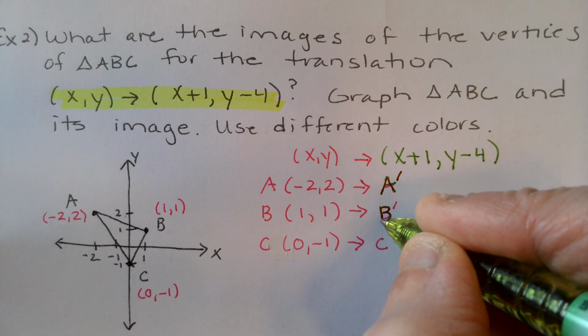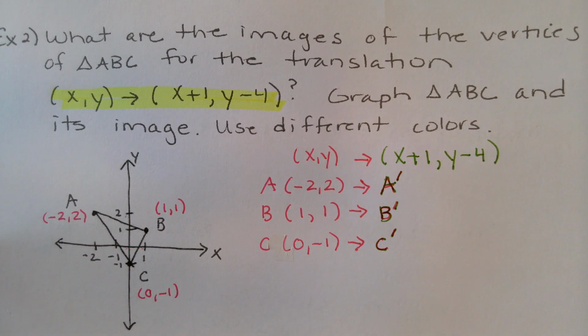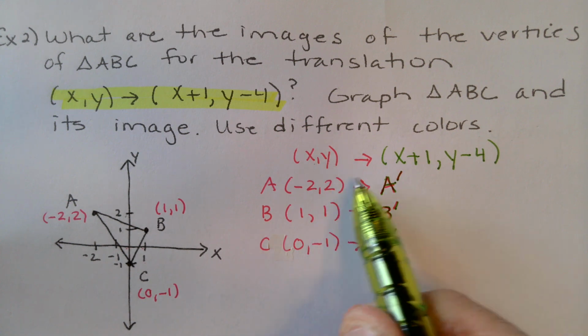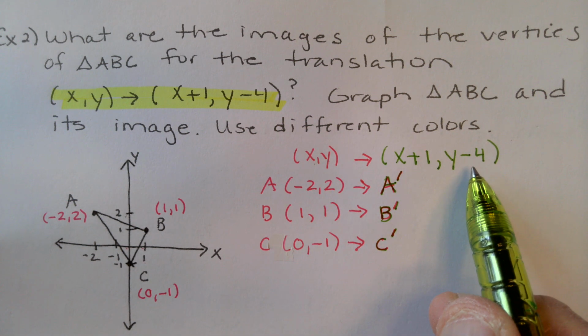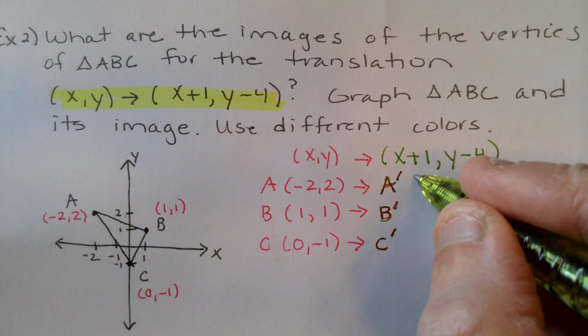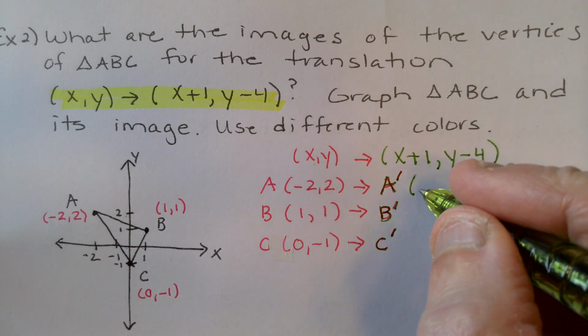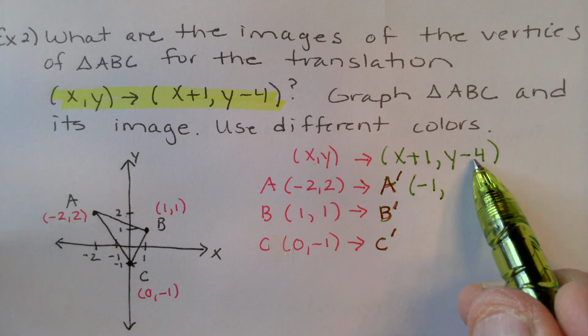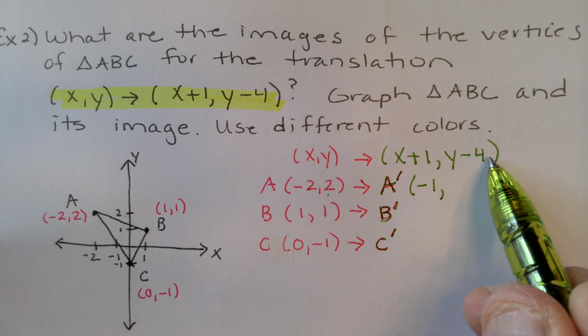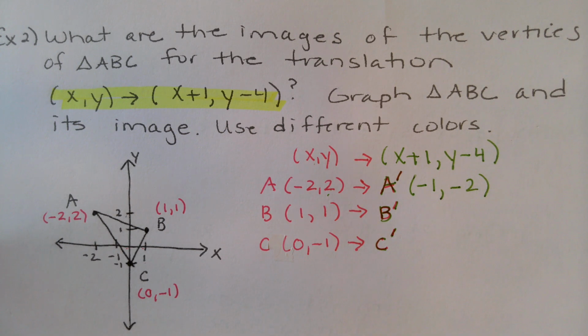So here's my X, here's my Y, and you put it in here. Our new point will be whatever X is plus 1. So negative 2 plus 1 is negative 1. Y minus 4. 2 minus 4 is negative 2.